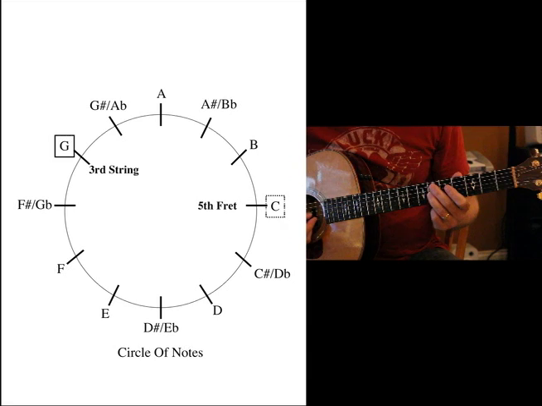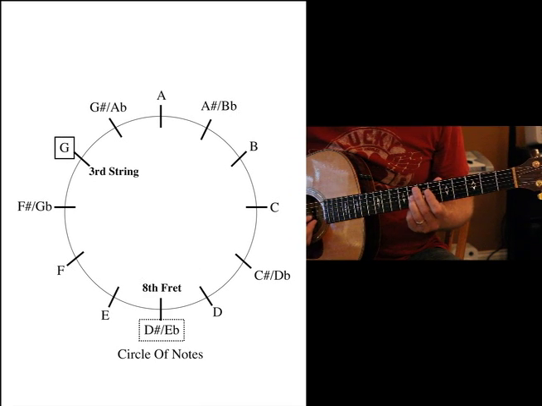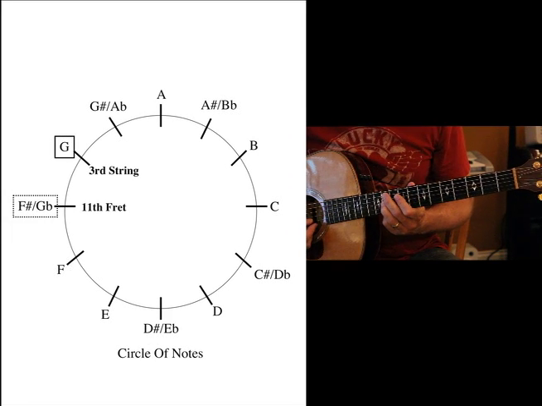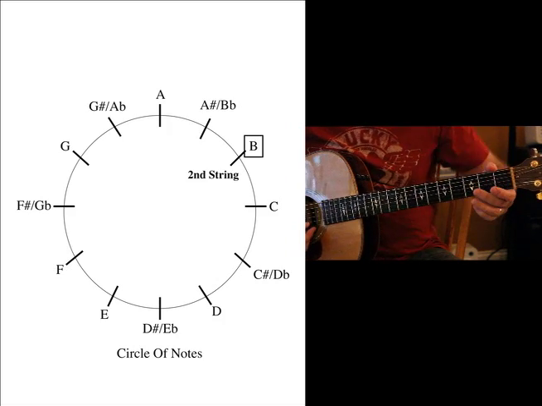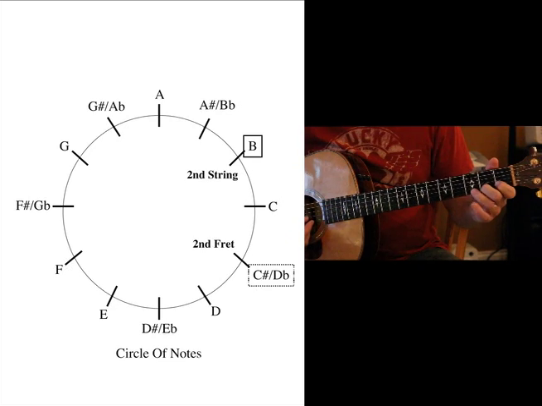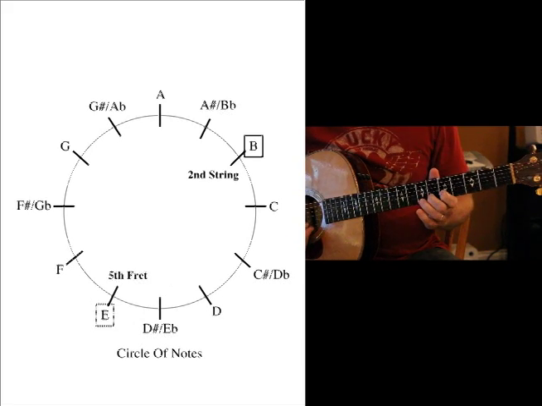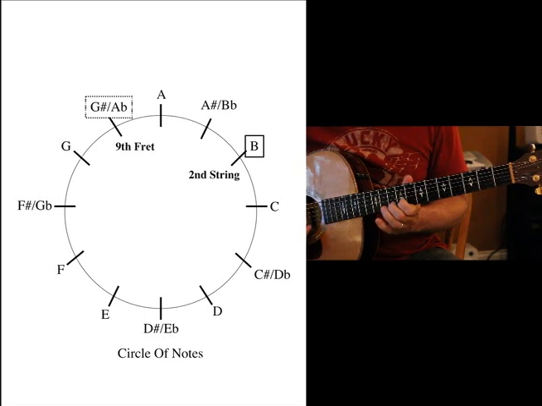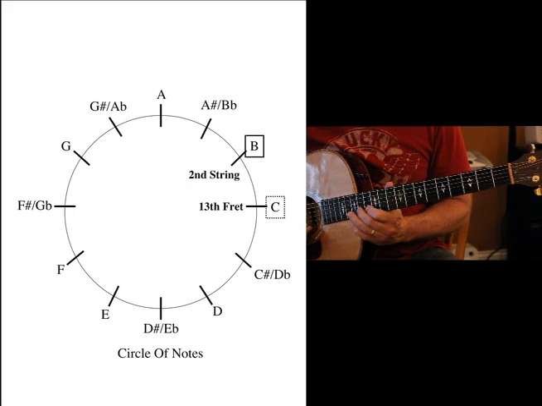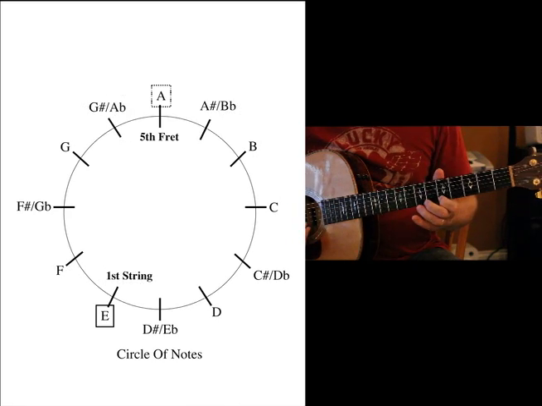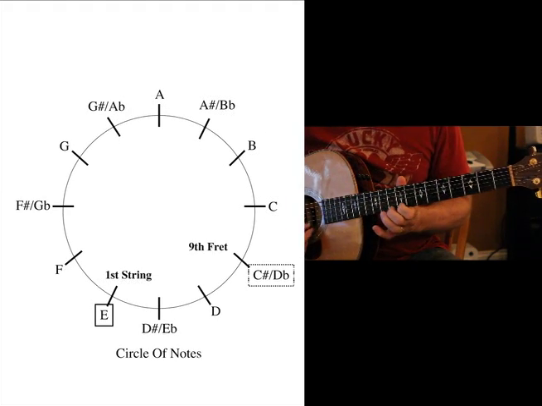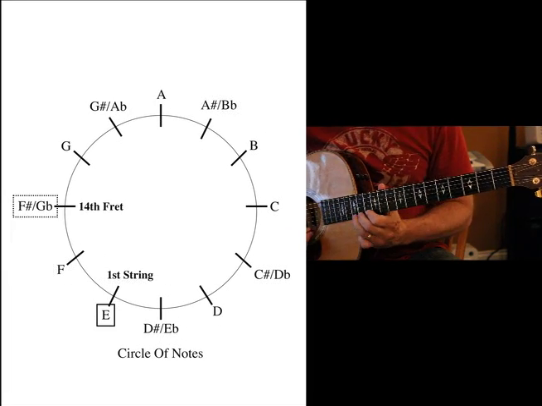B, C, C sharp, D, E flat, E. See, so once you get that circle down, the names of the strings, here's B string. The E string, you'll notice, is exactly the same as the 6th string, because they're both E strings.